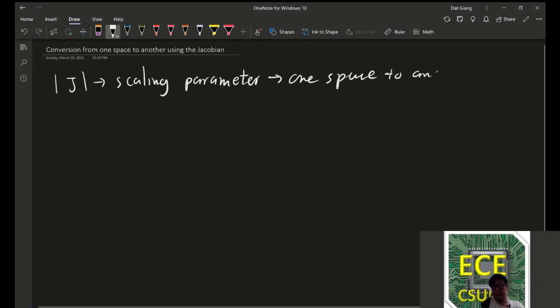And we saw previously how we can use it to convert from rectangular, x y, to polar with r, and in reference to here, theta.